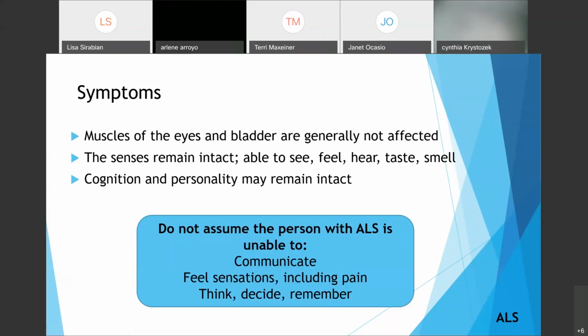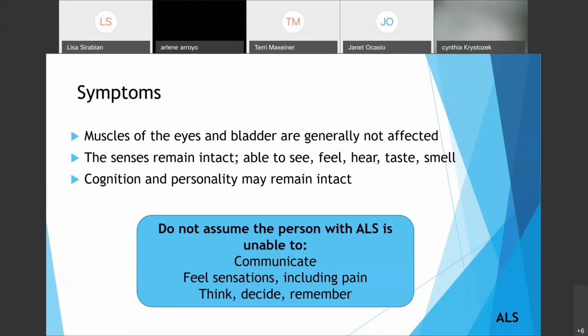We may have to get very creative in how we communicate, and there are lots of devices and things like that available to help this person continue to be able to communicate their needs, desires, and preferences. Do not assume that the person can't feel, including pain, and do not assume that the person isn't able to think, decide, or remember.